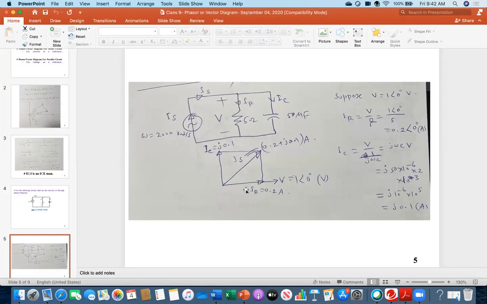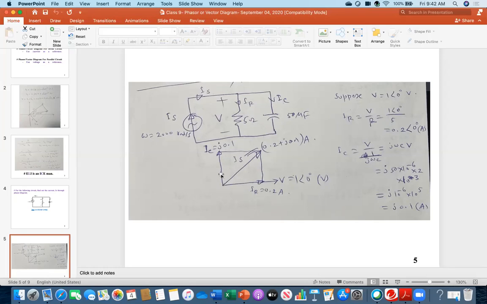Now, after putting the reference line, you have to plot for each component what is their current and the voltage component. So what I did, everybody look, IR, I plot it here. Then what is the current contribution through this component?